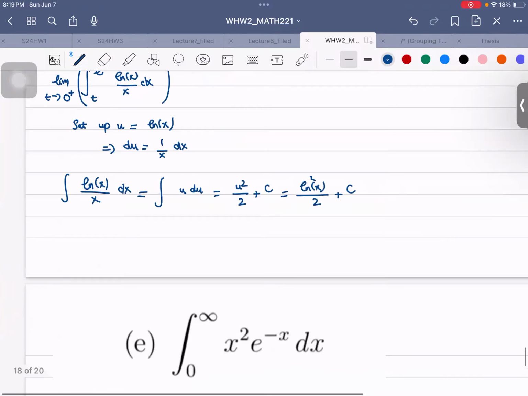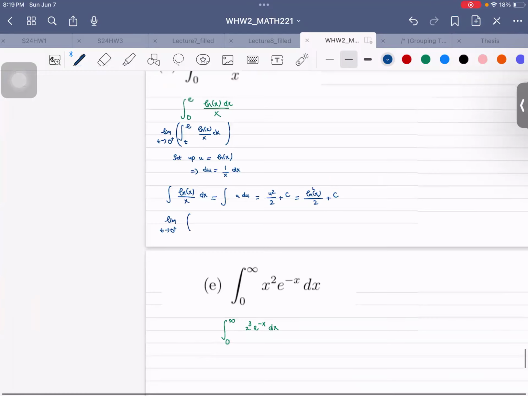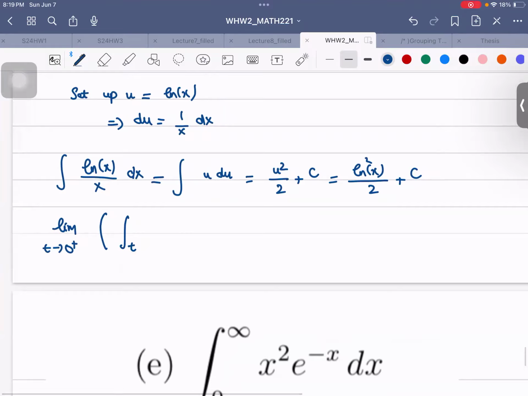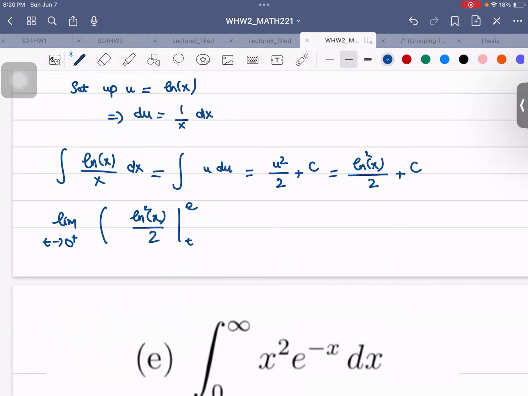So your integration will be the integral from t to e of ln of x squared divided by 2, and you plug in the bounds, which are t and e.